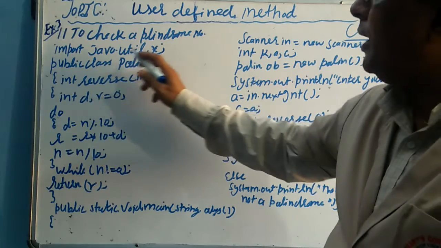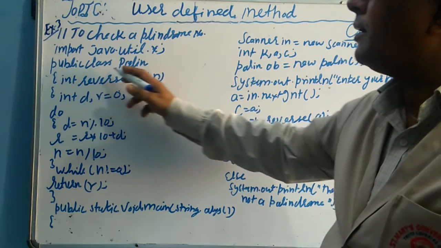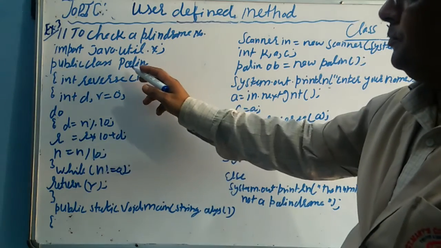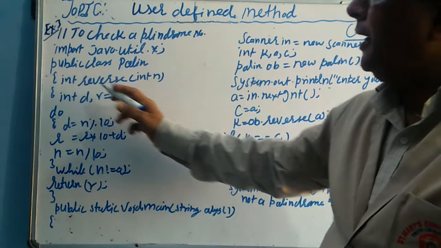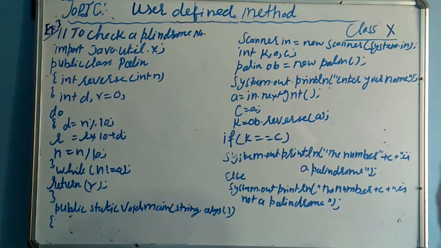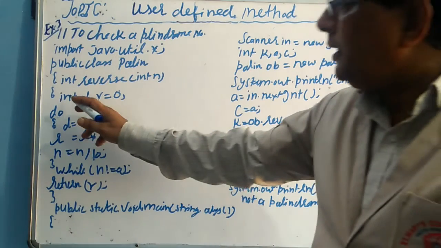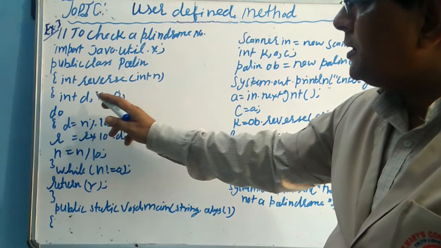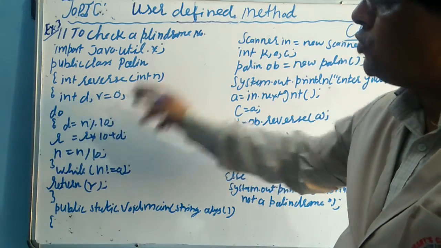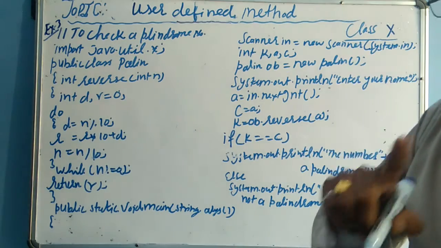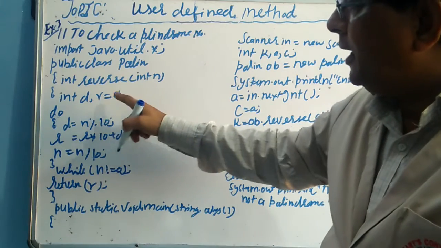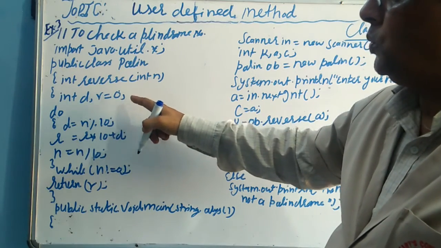Okay, import java.util.*, then public class, and integer reverse integer n, and int d and r is equal to 0. D is the digit, and r is equal to 0.